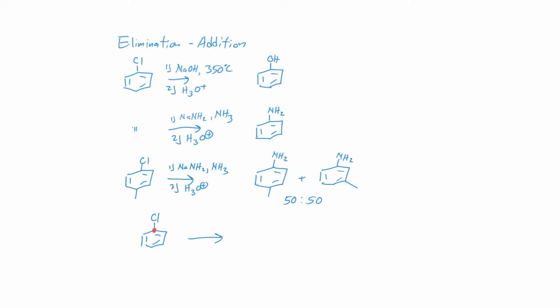We're going to treat it with the same sodium amide in ammonia, and we're going to get the amide. I'm sorry, this is not a chlorine, this is a sodium amide. Let's erase this.